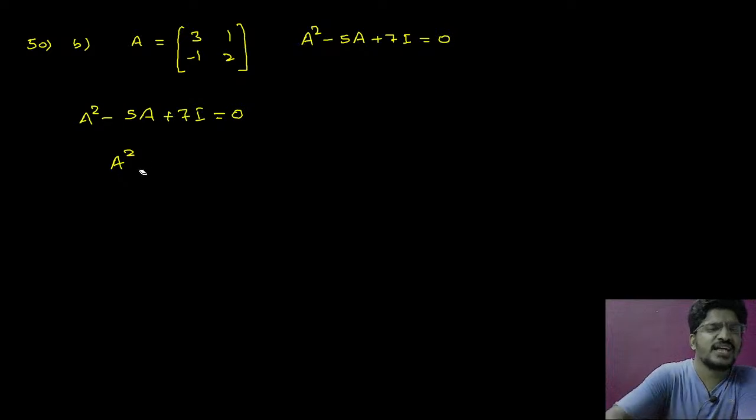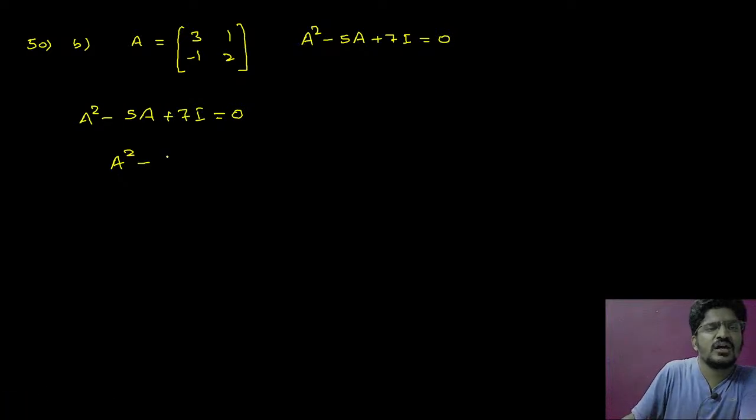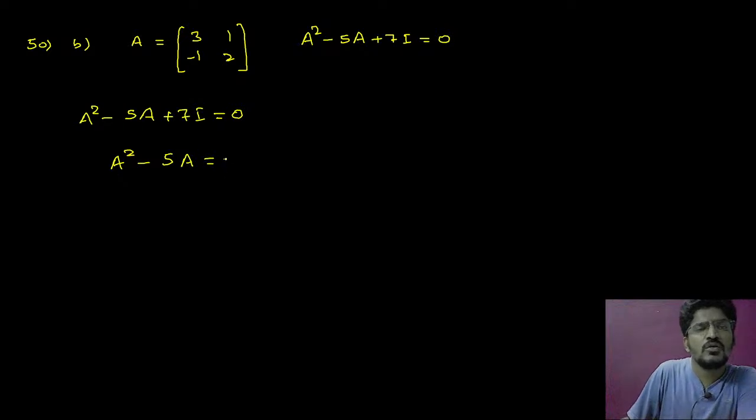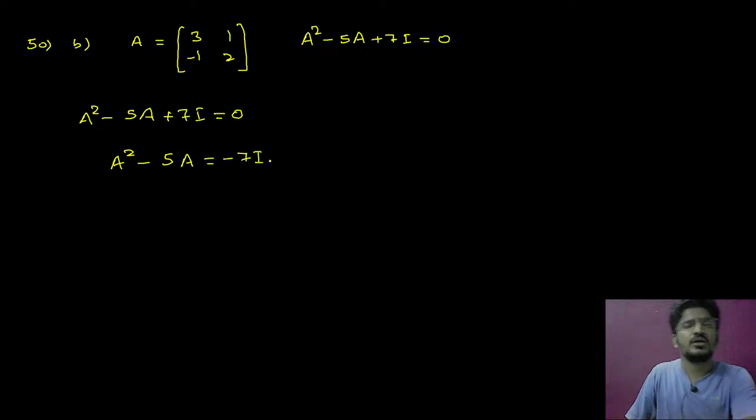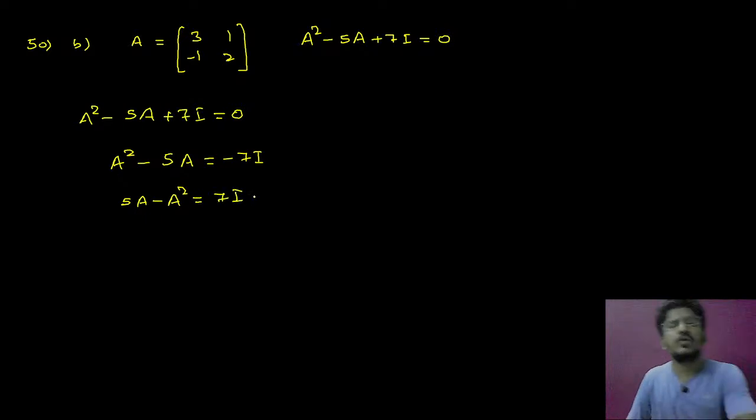You write A square as it is. A square minus 5A will be equal to minus 7I. Or you can change the terms and write 5A minus A square will be equal to 7I. Okay.